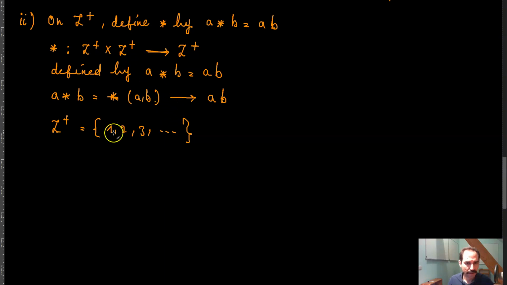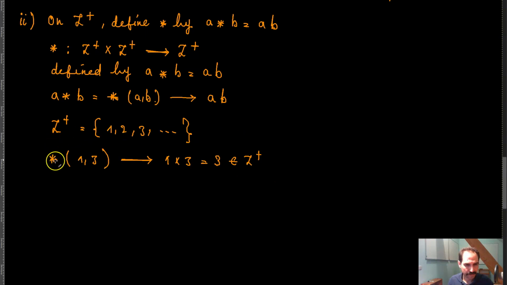So at the end of the day you will get ordered pairs, for example 1 comma 3, which gives you an image 1 times 3, which is equal to 3, which belongs to Z plus.